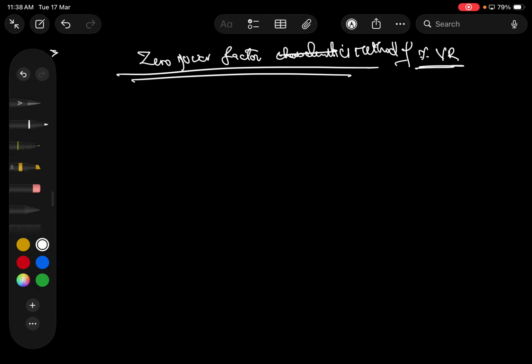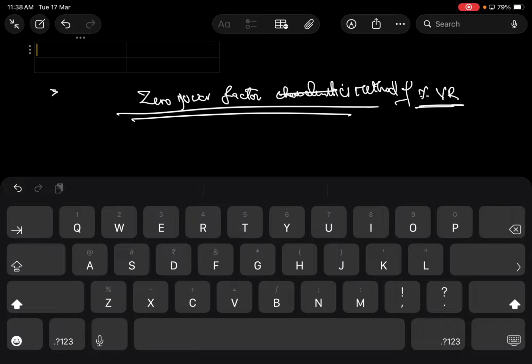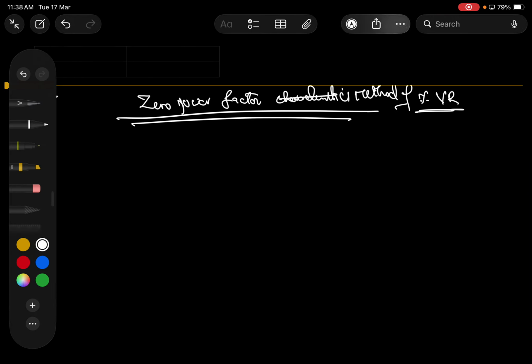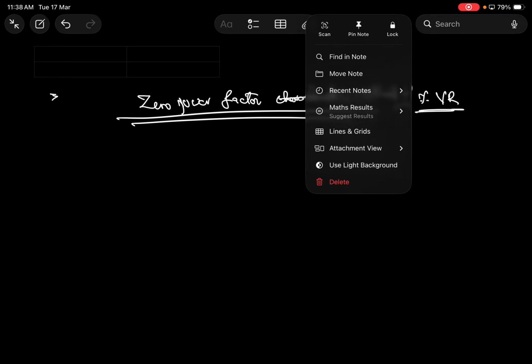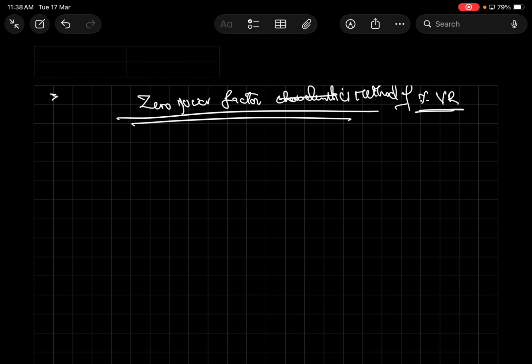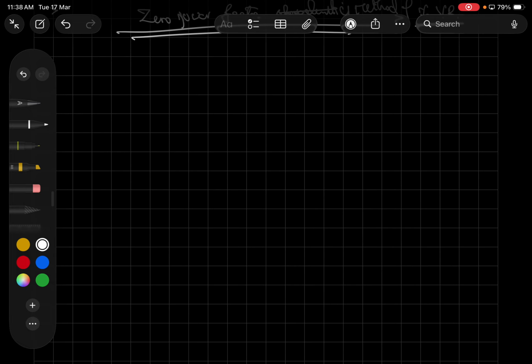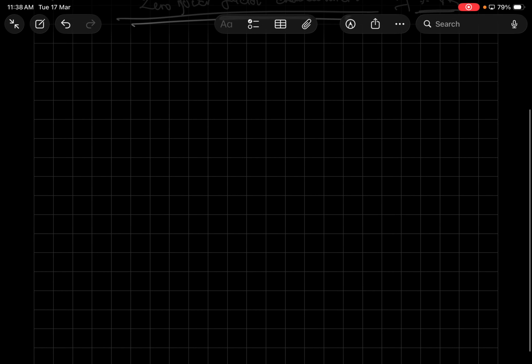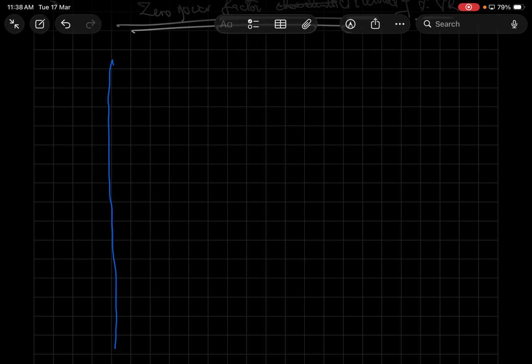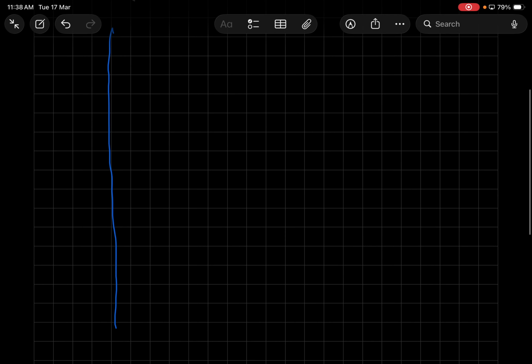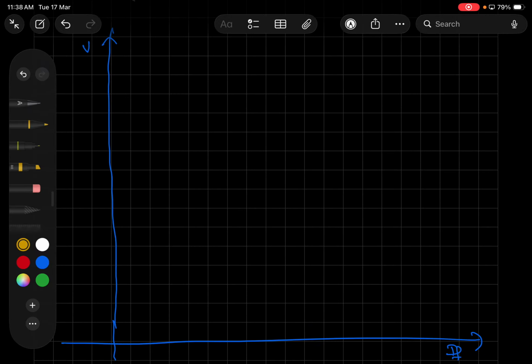Here I will try to draw an approximate diagram between V versus IF. The first step is to draw the OCC characteristics, the open circuit characteristics.